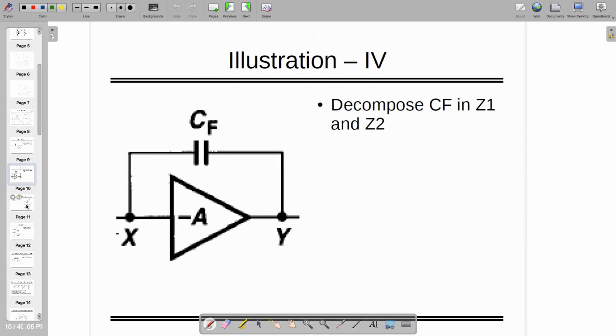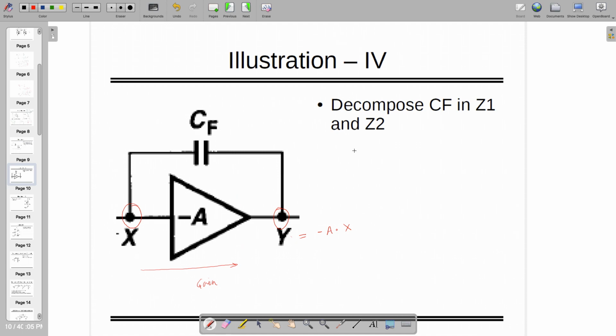Now another one, which is one of the popular cases, where there are two nodes X and Y, and from X to Y there is a gain. So you can write Y is equal to minus A times X, or A is equal to minus X by Y, or vice versa, right? So there is a gain path from X to Y, and there is an impedance whose name is CF.